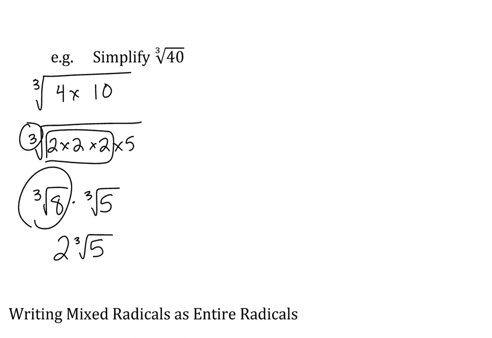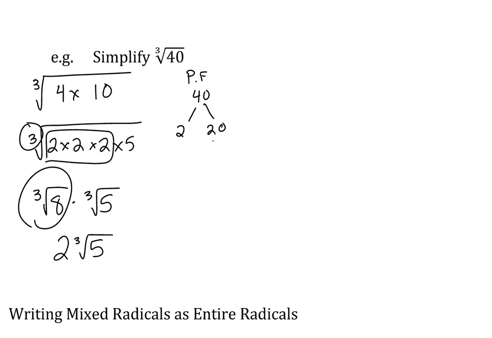Okay. Another way that I can work on this one is, it's maybe helpful to show a prime factorization chart. I would say 40 is just going to be 2 times 20.